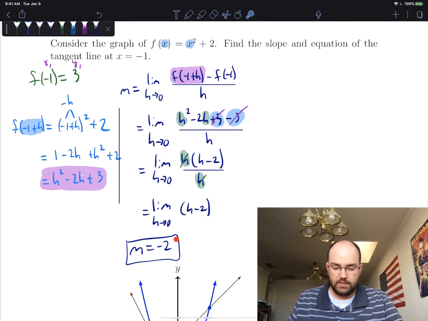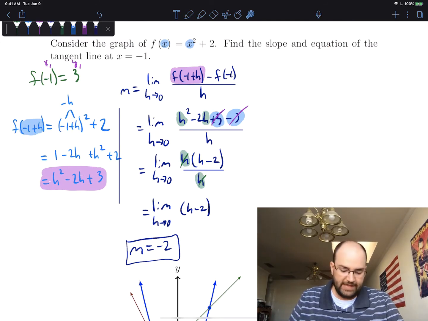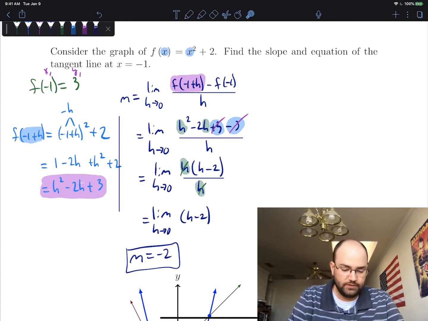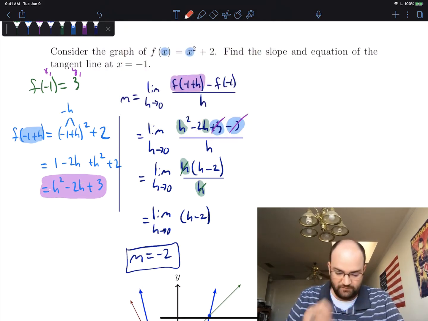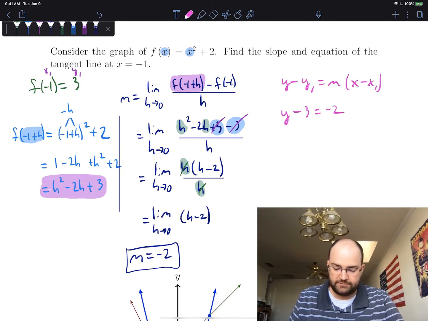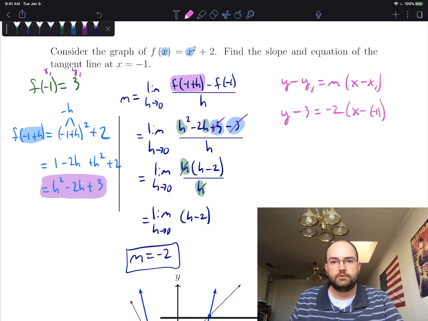Good. Now, we also want the equation. And once we have the slope of the tangent line, we can find the equation itself. It's actually pretty simple by simply, well, using the point slope form. So we have y minus y1 equals m times x minus x1. So we have y minus the y1 of 3 equals m, negative 2, times x minus the negative 1.